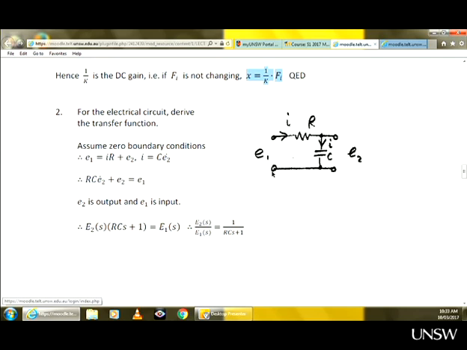So E1 will be equal to voltage across the resistor, which is IR, plus voltage across the capacitor, which is E2. That's the first equation. The current through the capacitor will be equal to C E2 dot.